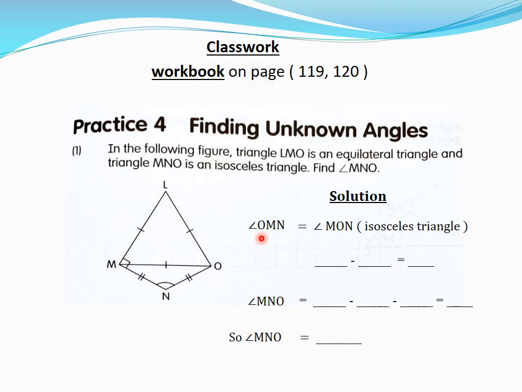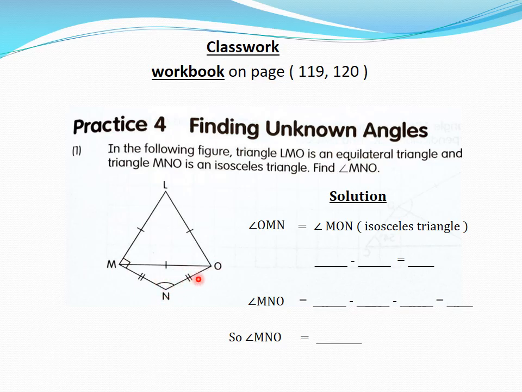Angle OMN equals angle MON. Why? Because two angles are equal, because it is the isosceles triangle. Here you can look, MON, it is the isosceles triangle. So it means that OMN equals MON.